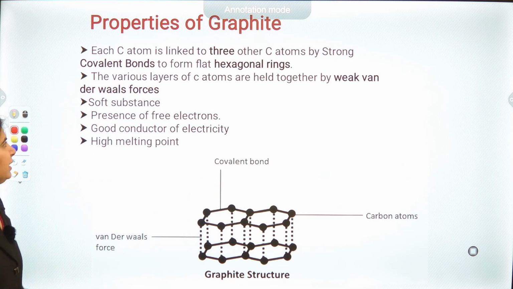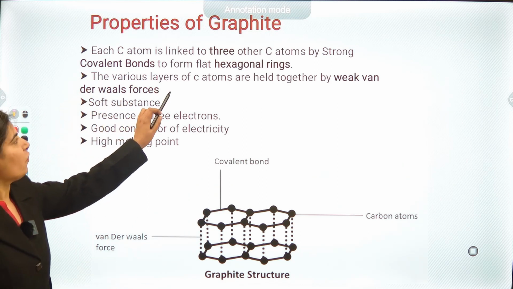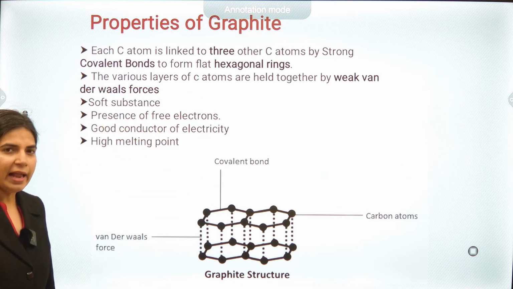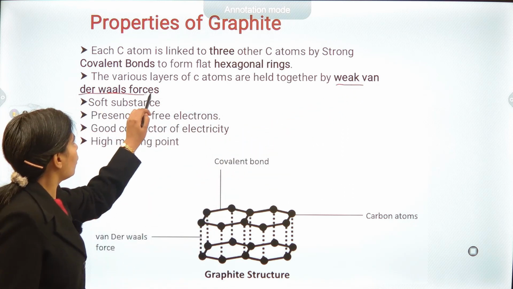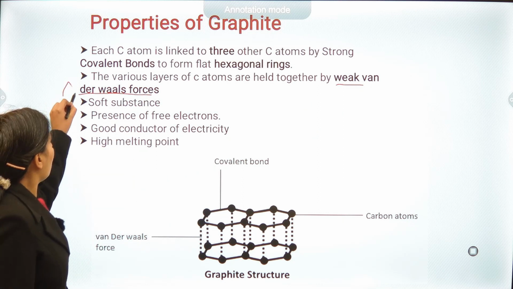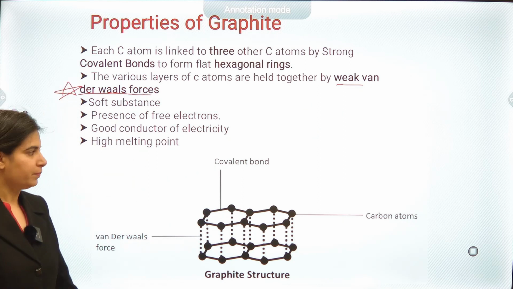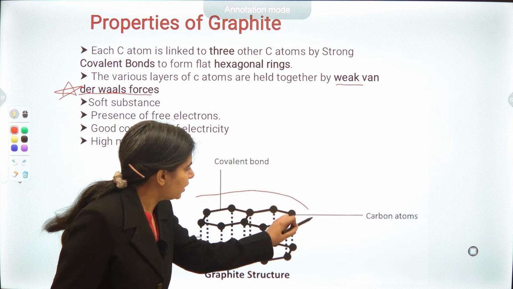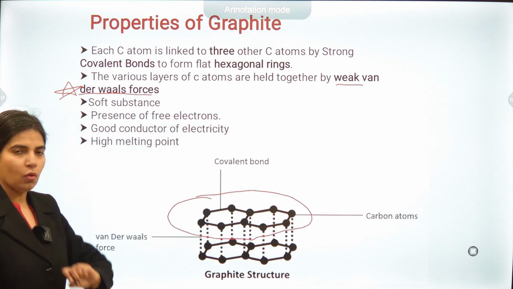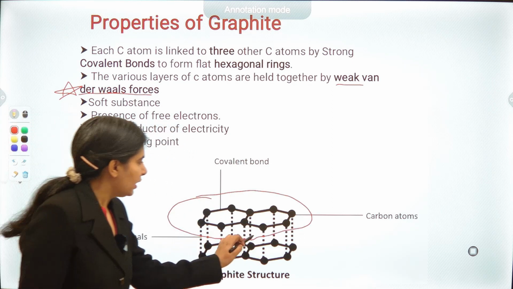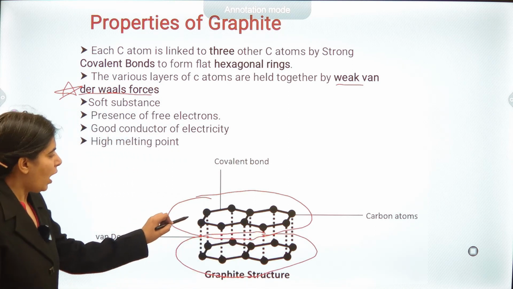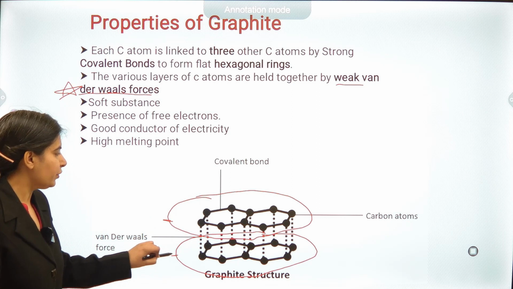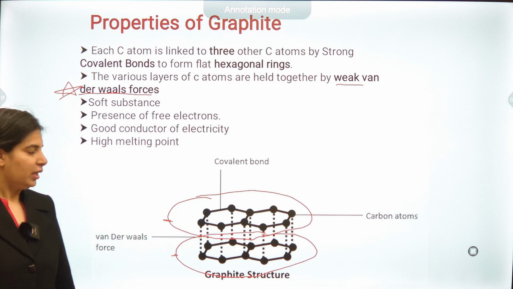The next property is the various layers of carbon atoms are held together by weak van der Waals forces. This is also a star point. Say this is one layer of our graphite, and this is another layer. So how is one layer connected with another layer?